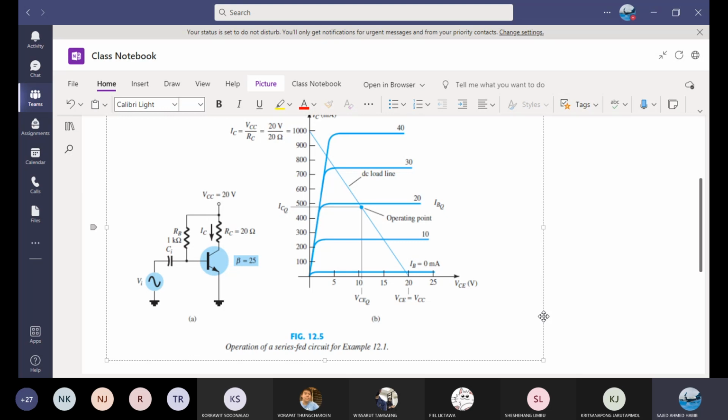Instead of peak voltage squared, you can use the formula with peak current. So IC peak will be beta times IB peak, right? And then for the output power, you can just say I RMS squared times RC, because power is either V squared over R, or I squared times R, or V times I.